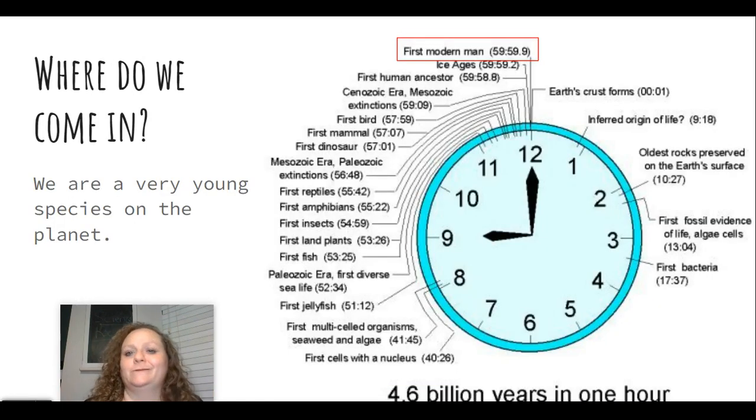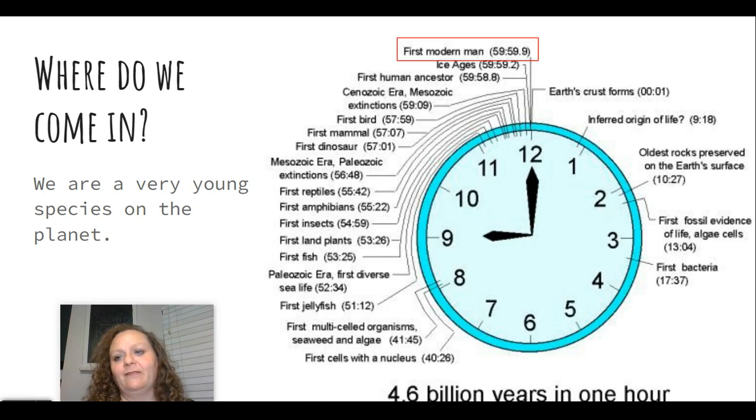So where do we come into all of this? If you look at this, this is saying that 4.6 billion years is occurring in the course of 1 hour, because we really can't reference 4.6 billion years. That's a lot of time. We don't have any reference for that. But we do know how long an hour is.